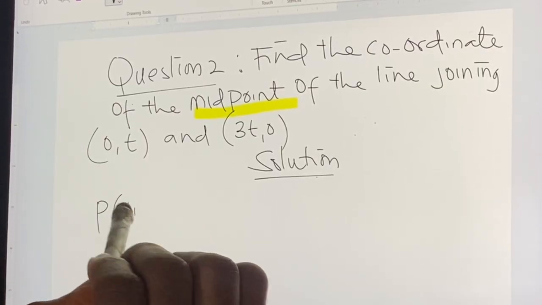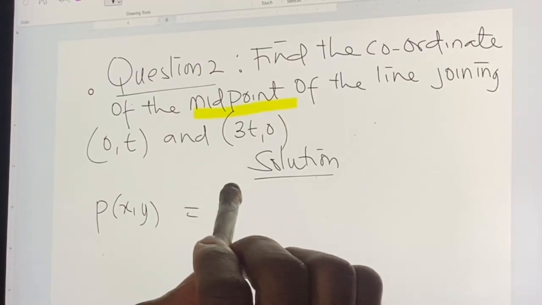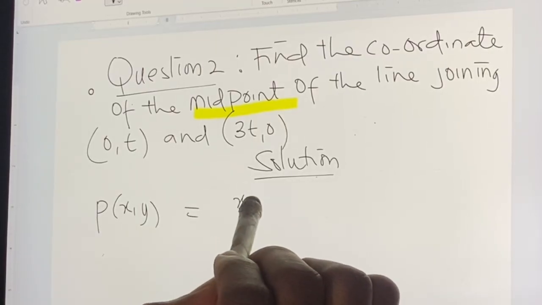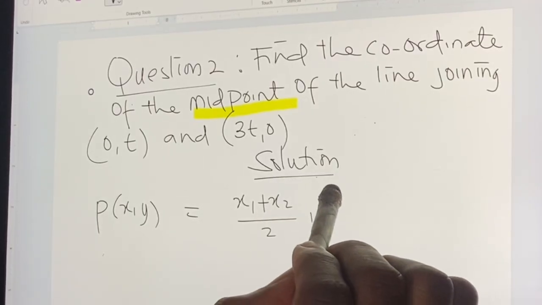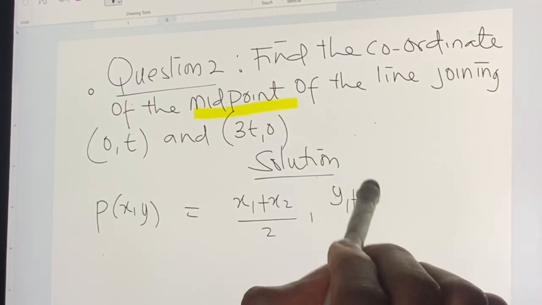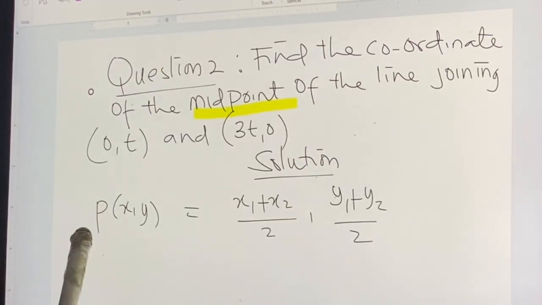The midpoint (x, y) is equal to x1 plus x2 over 2, y1 plus y2 over 2. So this part here represents the midpoint.